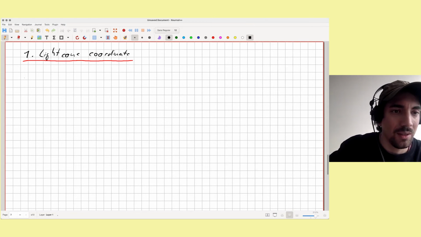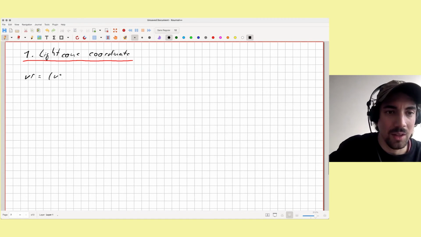So for a given 4-vector, which we call v, we can write it in the following way. We've got the time component and then the 3 spatial ones.